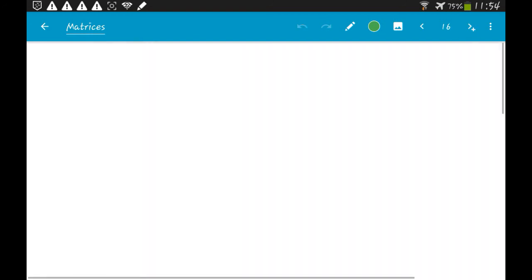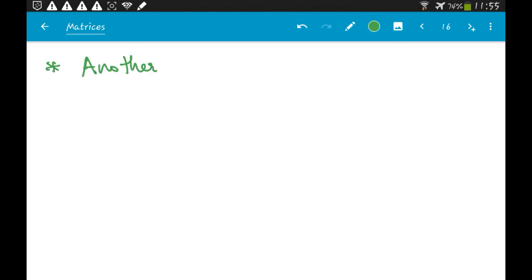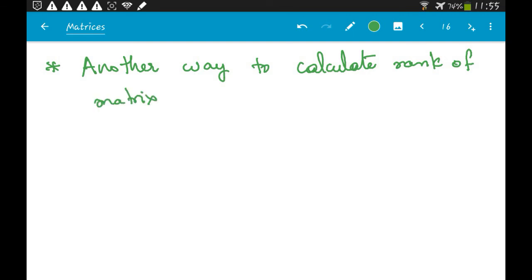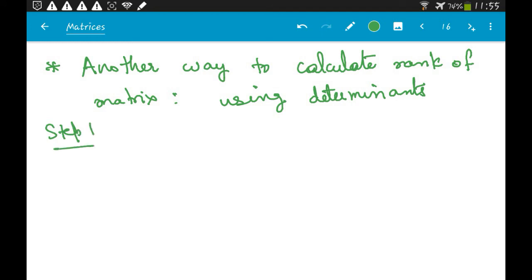Alright. Now I will do one more thing and then I will stop. There is yet another way to calculate the rank of a matrix, that is using determinants. So the way to do it is, step 1, write down the matrix.